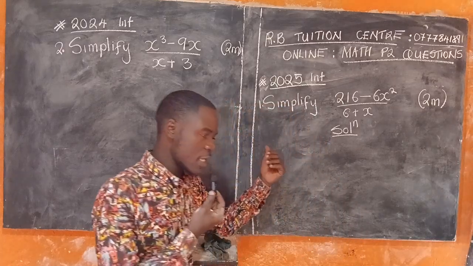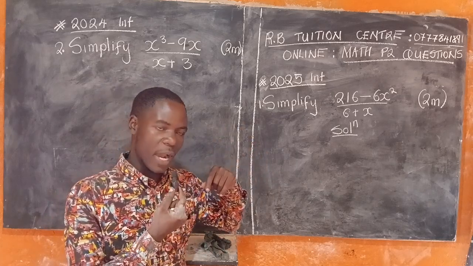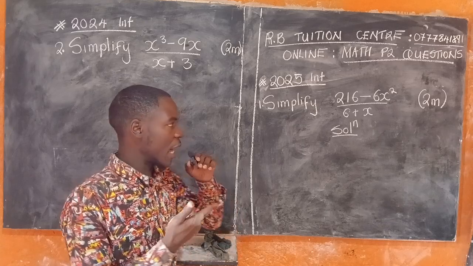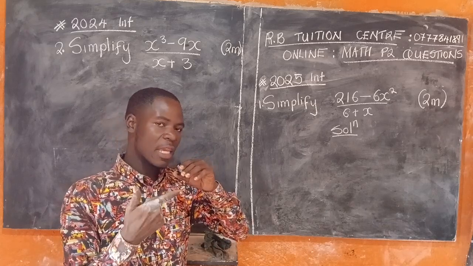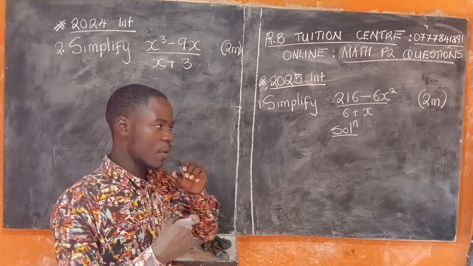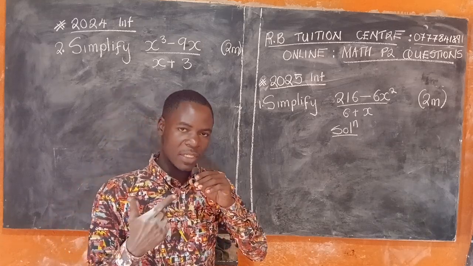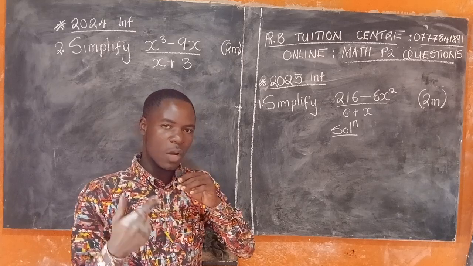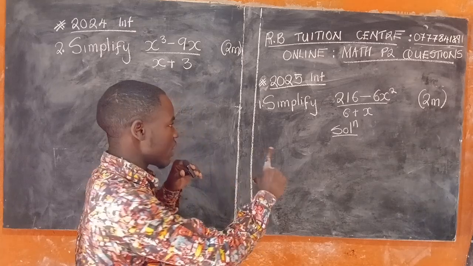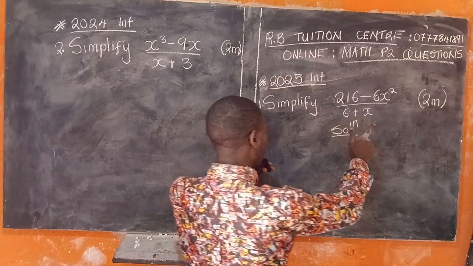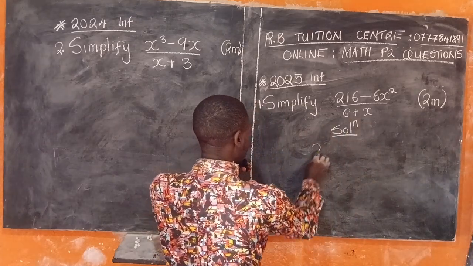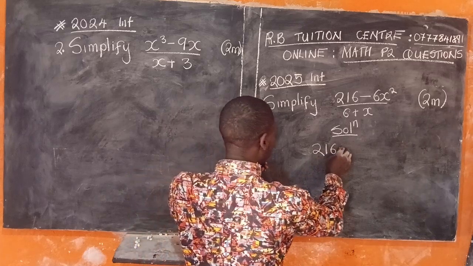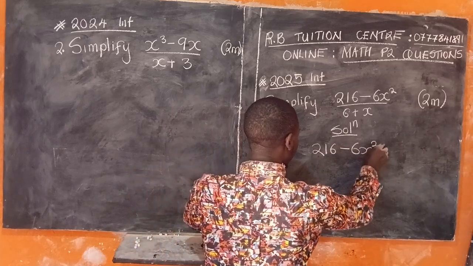Simplify in paper 2 has a way it comes about, and simplify in paper 1 has a way it comes about. This simplify carries 2 marks. It is coming from the 2025 paper 2 question paper. So this was the question.